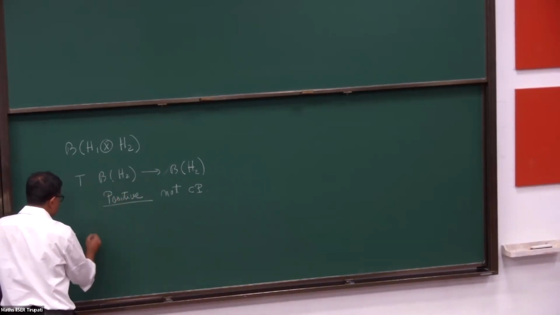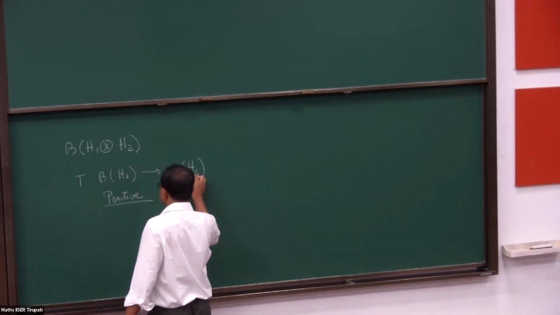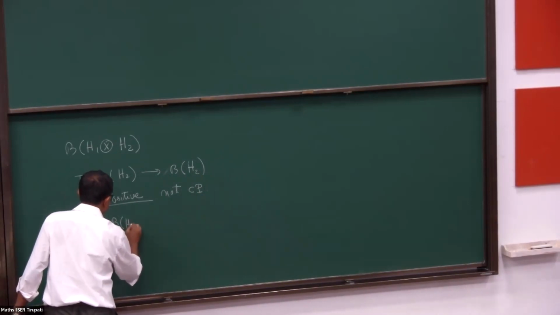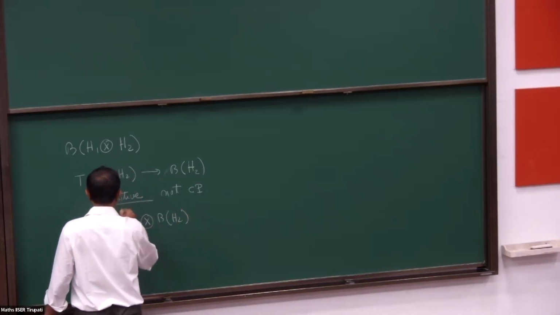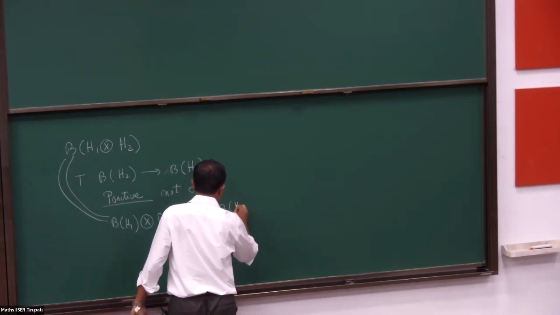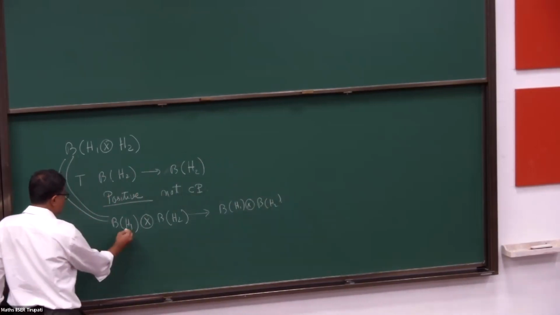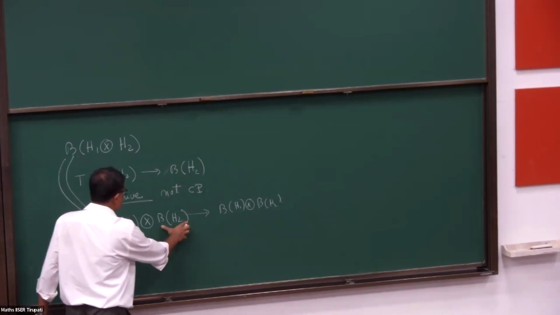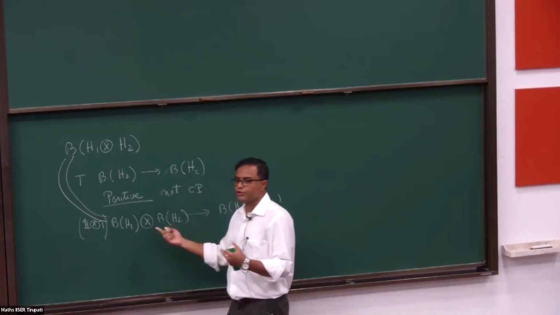The positives are things which send positive elements to positive elements, but if you take the extension, B of H1 tensor B of H2, you take the transformation, do not do anything on the first part, and do the operation only upon the second part, whether this extension of the mapping, identity tensor T, is also positive or not.